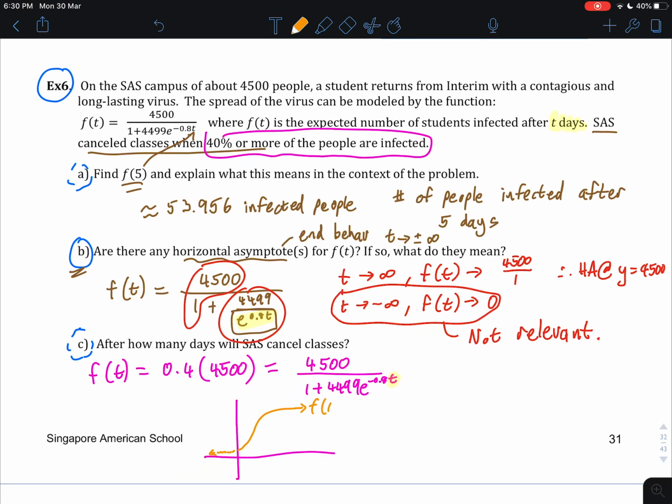And so you're going to have your f of t function over there. We're going to have our numerical value of 1800. And so that produces a value of 1800. I'll sketch that on the graph. And so this is our 1800 students, and what we're interested in is the t value for the point of intersection, and for that we are going to get 10.008 days. Don't forget your unit, and don't forget to round to 3 decimal places at least.